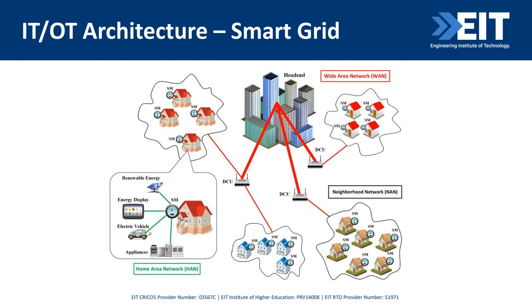Probably an EV would be there these days. It wouldn't have been when I first came up with this figure. And that's the home area network, lots of households. There's a data concentrator unit. It collects the data and it goes through a digital channel for further processing in a central entity. Right. So that's another architecture that you can consider.